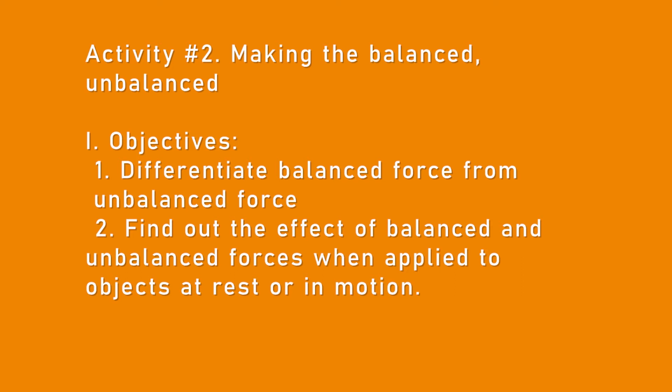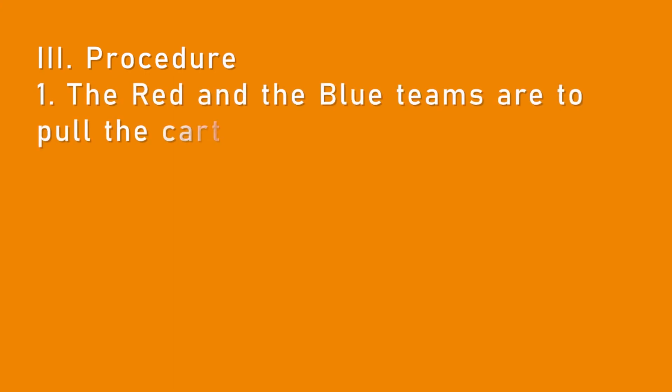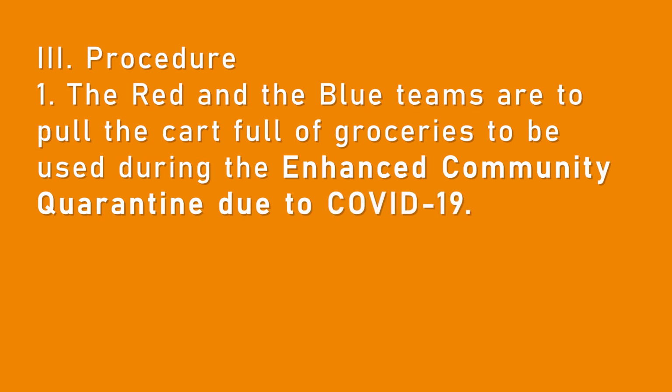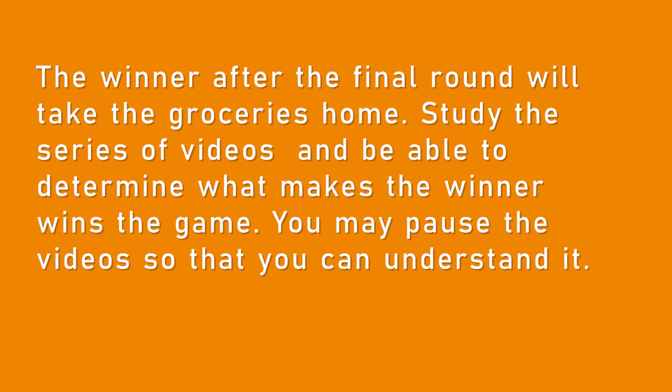For the procedure, the red team and the blue team are to pull the cart full of groceries to be used during the enhanced community quarantine due to COVID-19. The winner, after the final round, will take the groceries home. Study the series of videos, and determine what makes the winner win the game. You may pause the videos so that you can understand it.